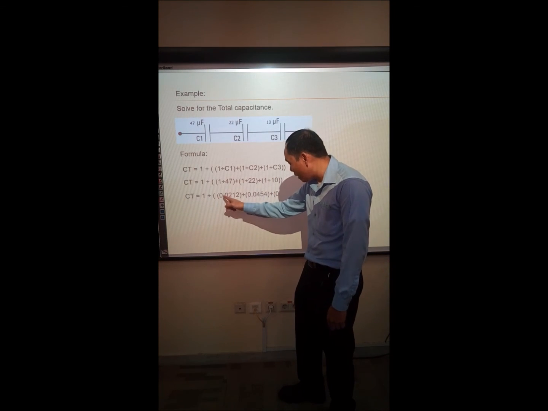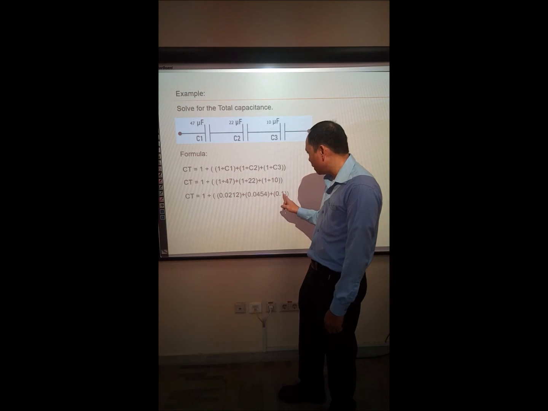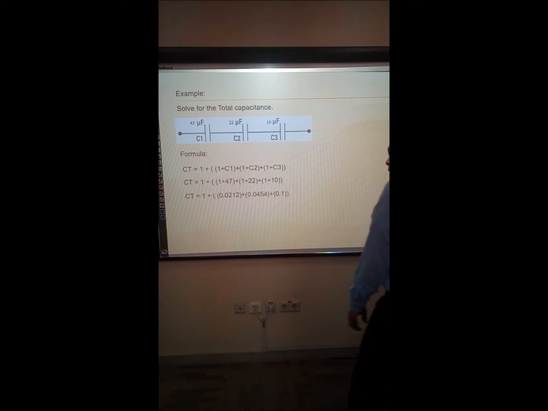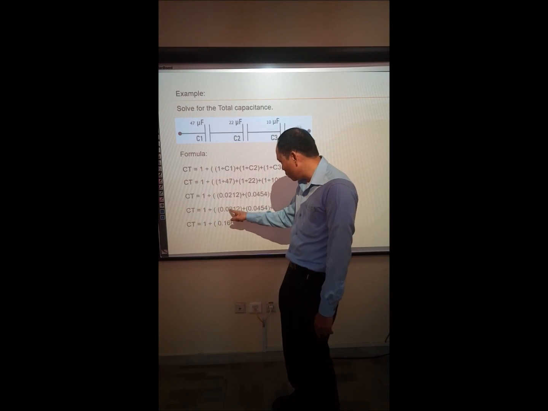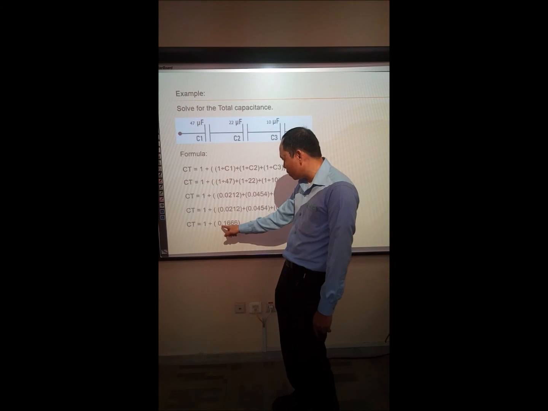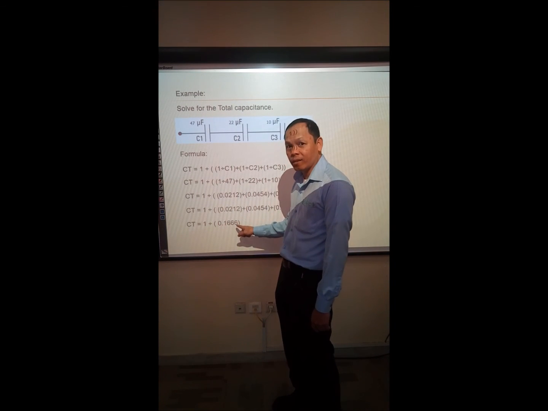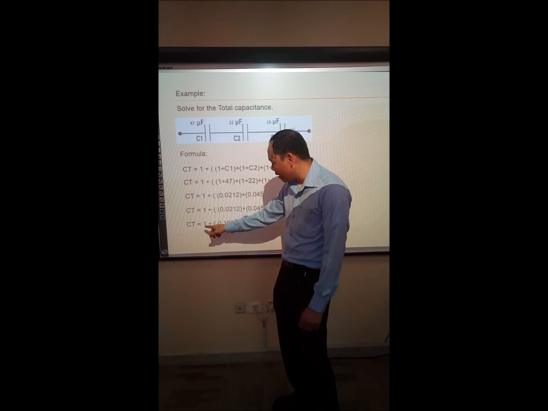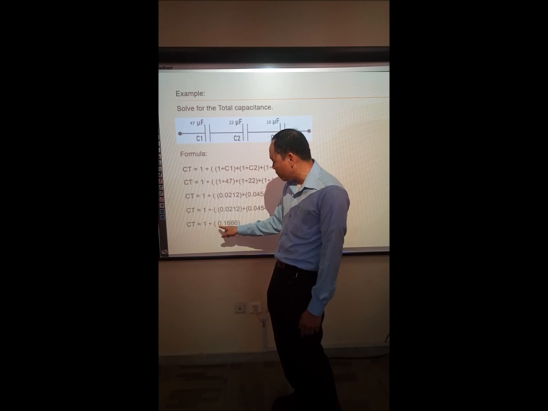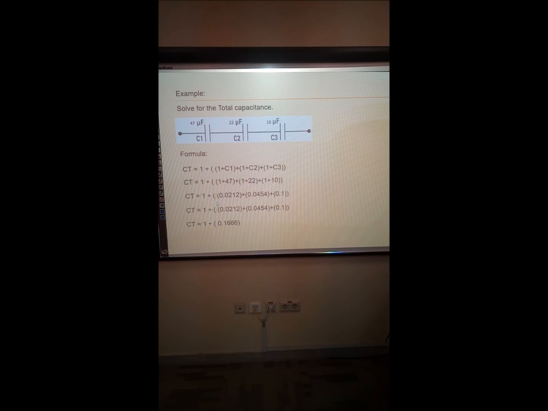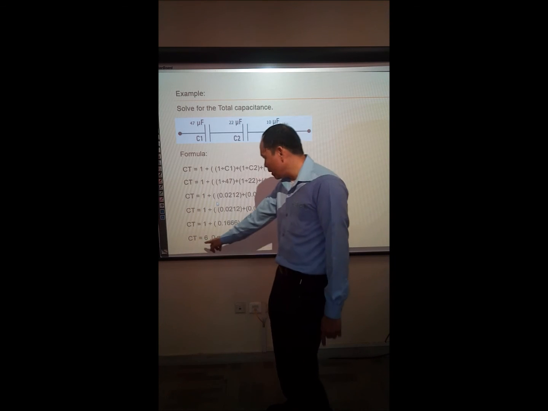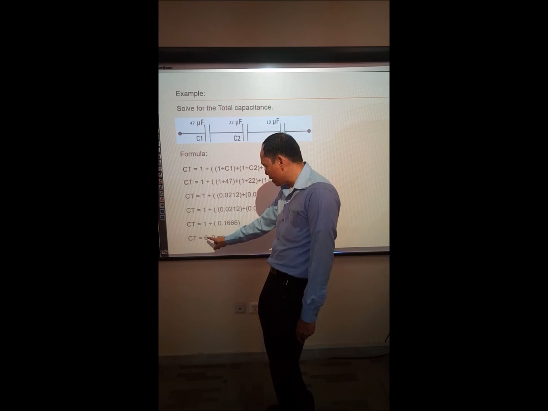Then we add these three numbers, and that is equal to 0.166. So what is the total capacitance? 1 divided by 0.166, so the total capacitance is equal to 6 microfarad.